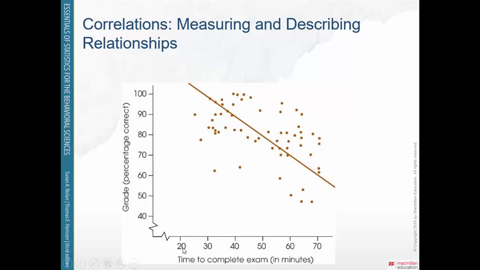And here's another one. Time to complete an exam in minutes and grade on the exam. This is an interesting one. People who take less time to complete an exam, they're low on that variable, tend to do better on the exam. And people who take a very long time to complete an exam, they're higher on that variable, tend to score lower on the test. So again, these are all negative correlations.